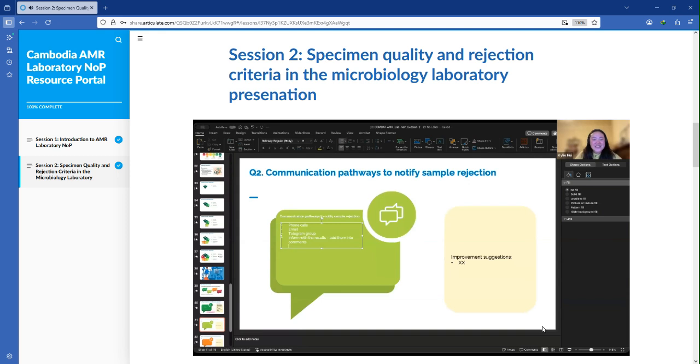I think Ratha also wanted to say something. Yes, correct. For the hospital, we have another way, which is to walk directly to the ward or meet the doctor to discuss the sample type and the rejection.